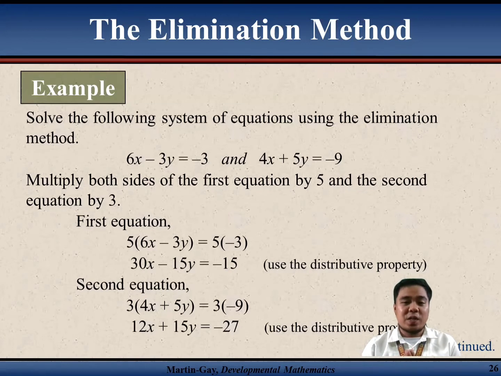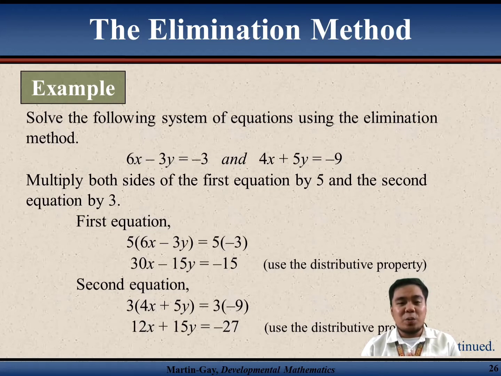In this case, I will eliminate the variable y. How am I going to eliminate variable y? I have to make the numerical coefficients of my variable the same and opposite, so that if I am going to add, it can be eliminated.